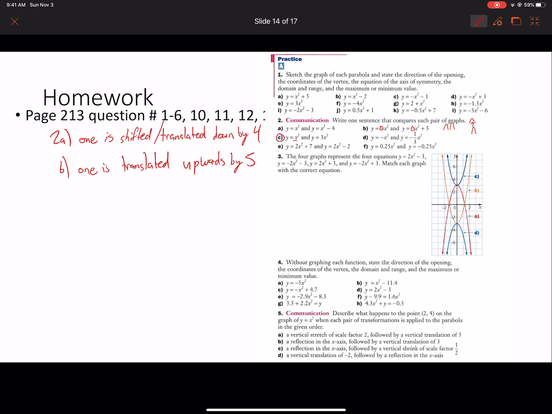Let's look at C. They're both the same except for this 3 right here. And if you remember, the step pattern changes by 3. And we call this a stretch. Basically, I have this, and it's basically stretched up by a factor of 3. Each step is 3 times more than the previous, than the base case.